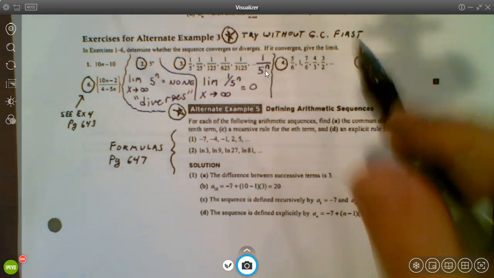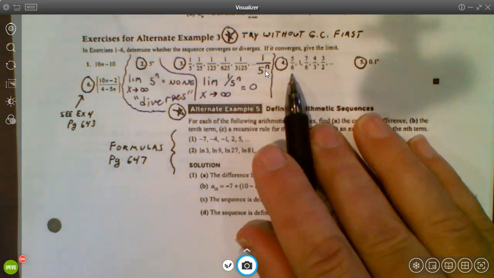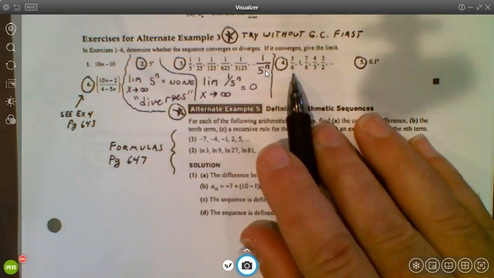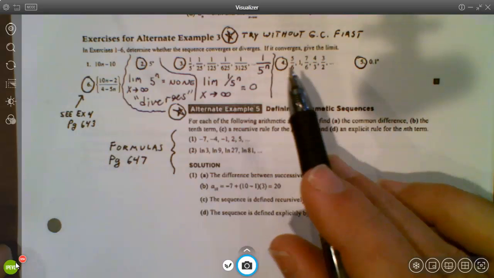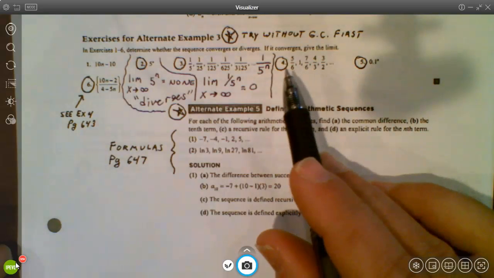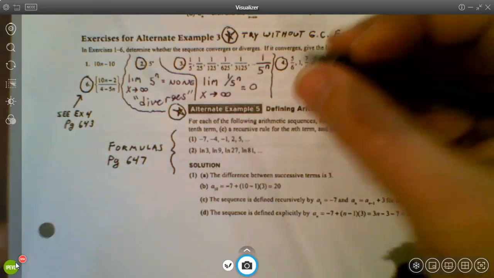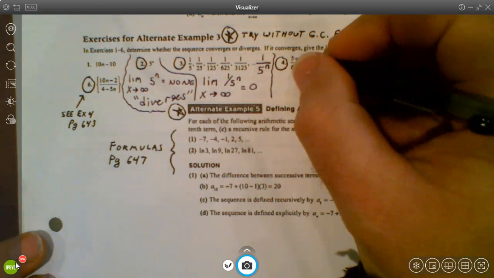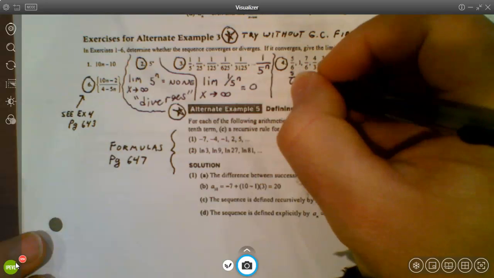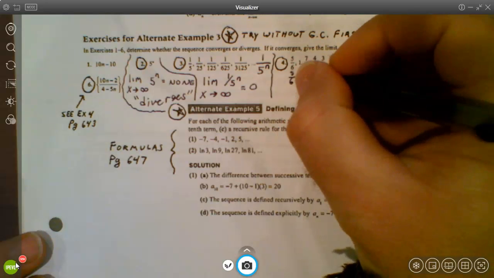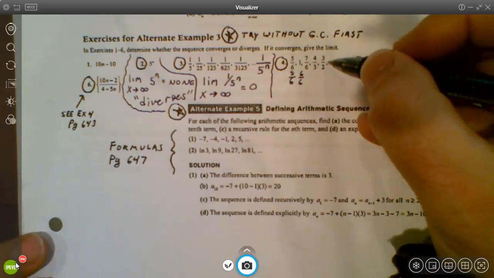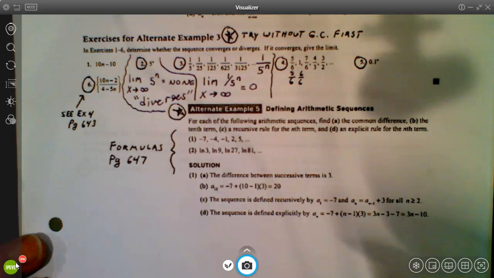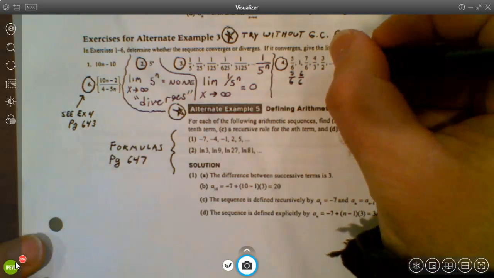Let's take a look at number 4. Let's see if we can identify what these values are approaching, or if they're approaching anything at all. One thing that makes this one a little tricky is the way they wrote these fractions. If you rewrite these with common denominators, you're going to see the pattern more clearly. 5/6, I know a value of 1 is 6/6, and then 7/6, 8/6, 9/6.